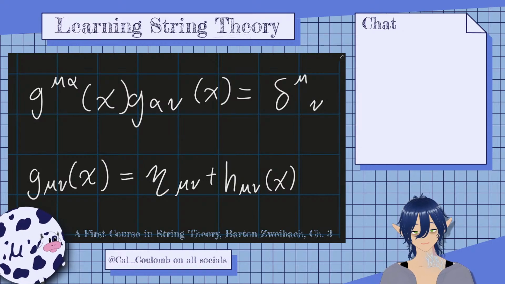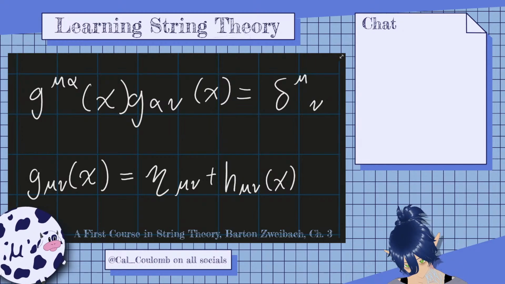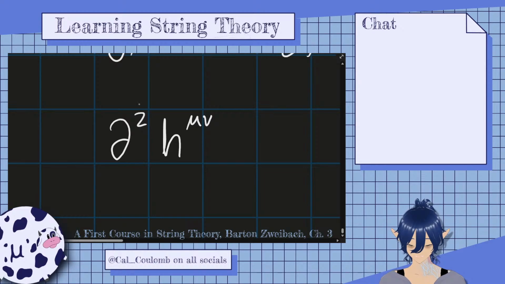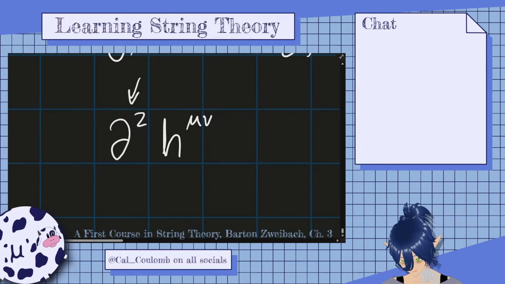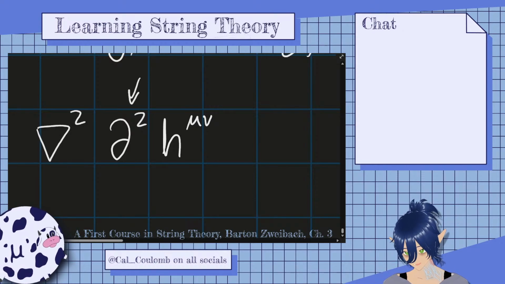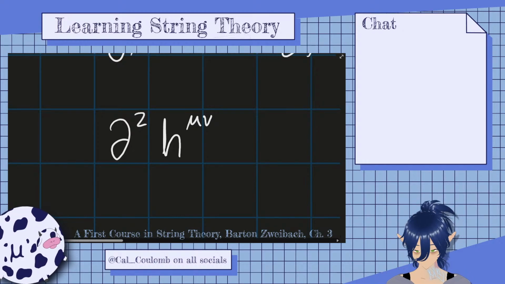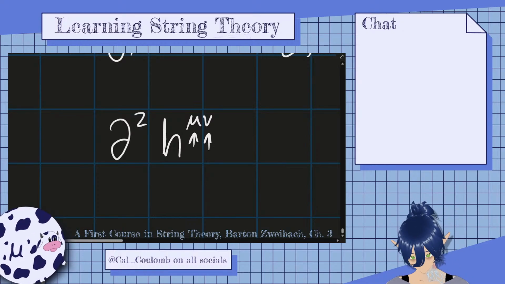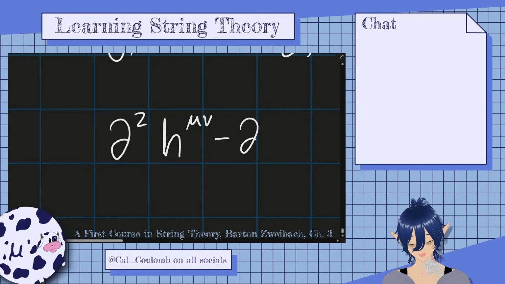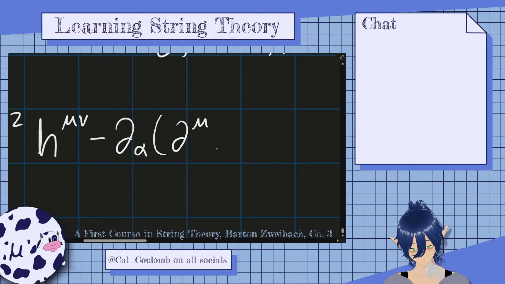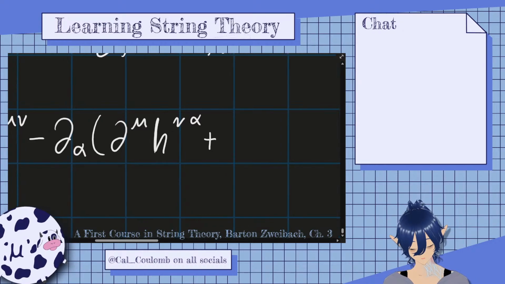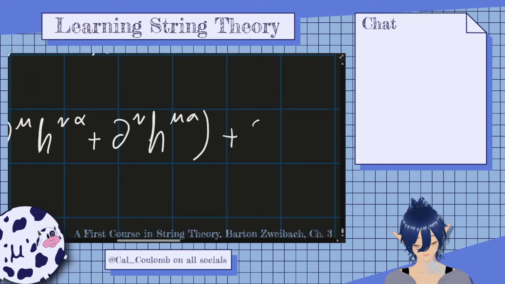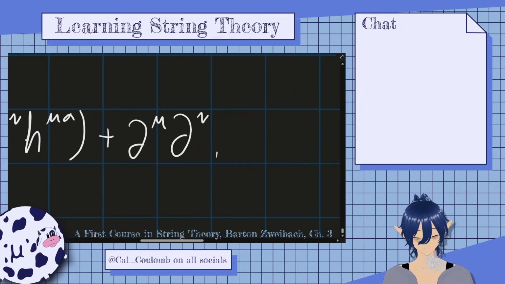In the absence of sources, the resulting linearized equation for h mu nu is partial squared h mu nu, minus partial alpha partial mu h nu alpha, plus partial nu h mu alpha, and then lastly plus partial mu partial nu h is equal to 0. The partial squared is a generalization to higher dimensions of the Laplacian, the del squared we saw before. It doesn't specify just 3 spatial dimensions; in fact we're also including time, because we're dealing with Lorentz indices.